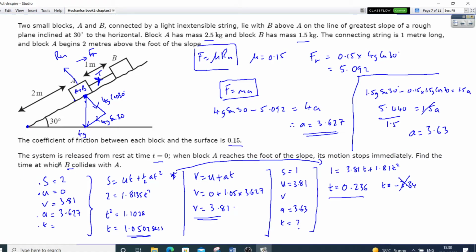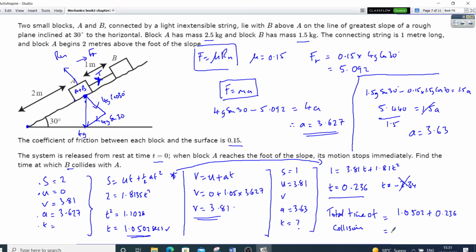Find the time at which B collides with A. First of all, it's in motion for that, so the total time of collision will be 1.0502, which is the time when block A reaches the floor, plus 0.236, the time it takes for B to travel.